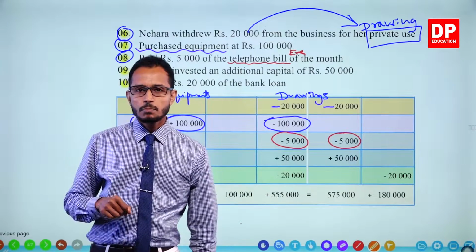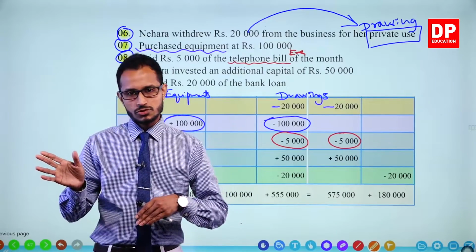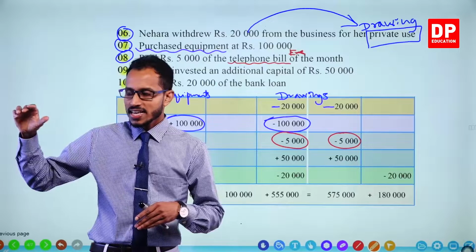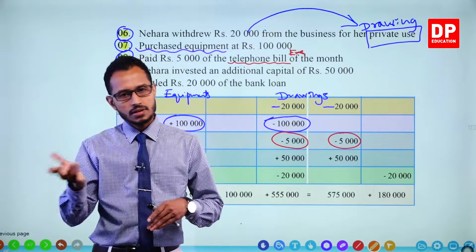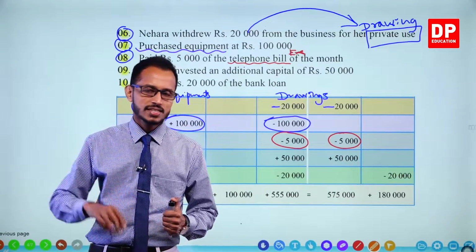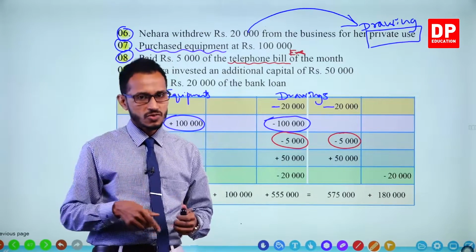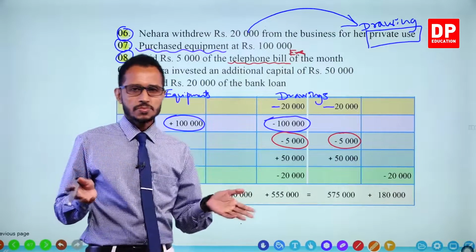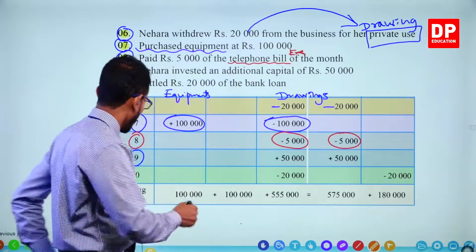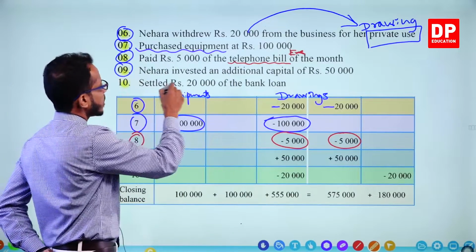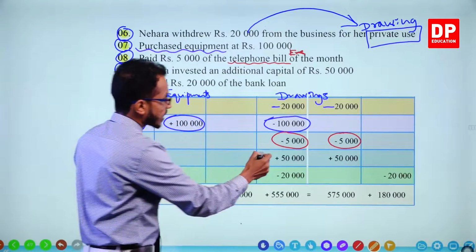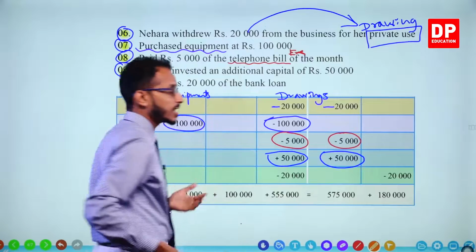Okay, but there are other types of inflows. You will learn these things soon. Capital investing or additional capital investing is not an income, it is another type of inflow. But same thing, both increase capital. 9th transaction, Nehara invested additional capital, so money coming in 50,000, which means cash increase and equity increase.